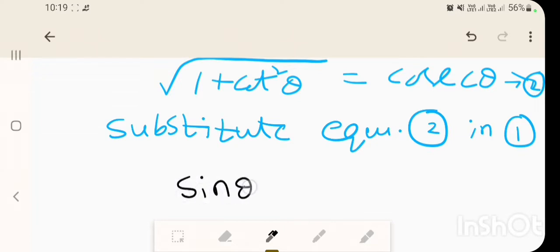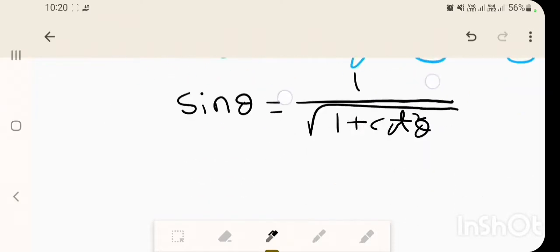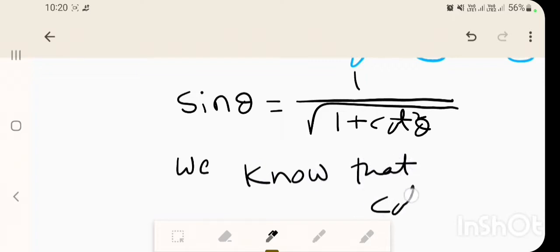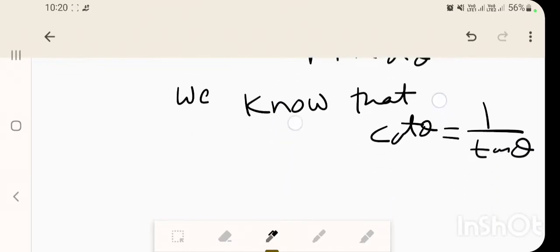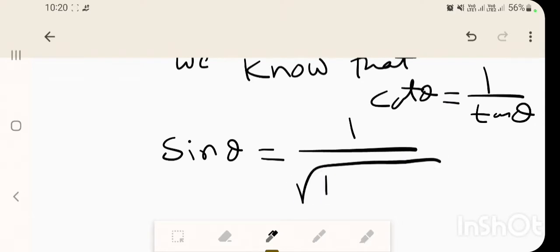So sin theta is equal to 1 by root 1 plus cot square theta in the denominator. And we know that cot theta is nothing but 1 by tan theta, which we substitute. So sin theta is equal to 1 by root 1 plus 1 by tan square theta.